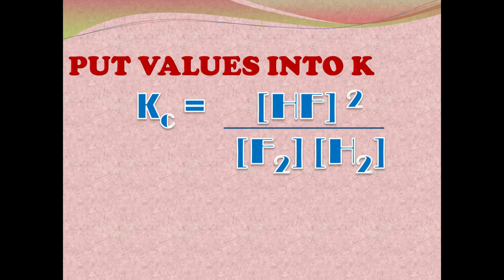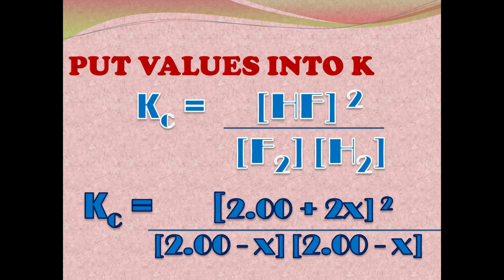Now the fact that I have HF squared in the numerator and H2 and F2 were the same means I still have a perfect square. If F2 and H2 were not the same, I would not have a perfect square, but I have a perfect square. 2 plus 2x is squared, and 2 minus x squared.